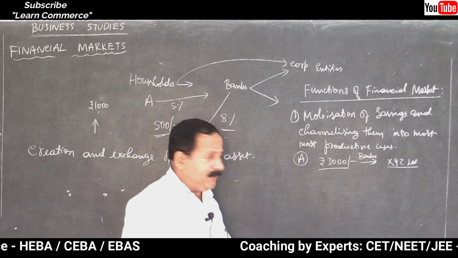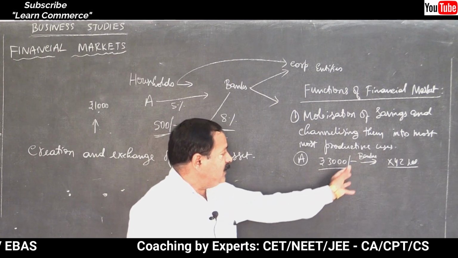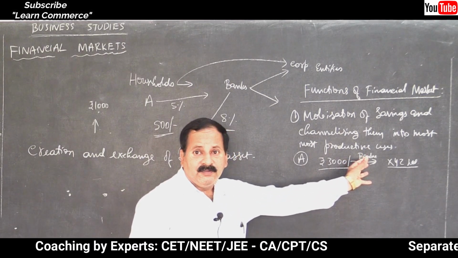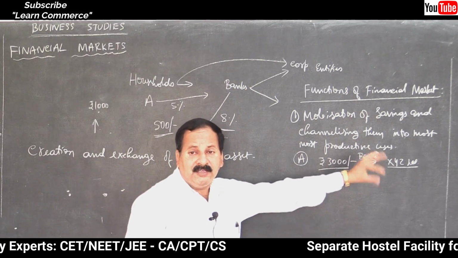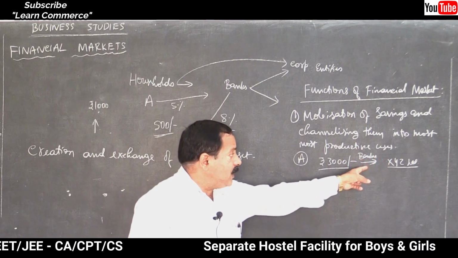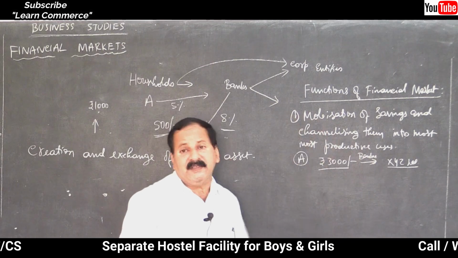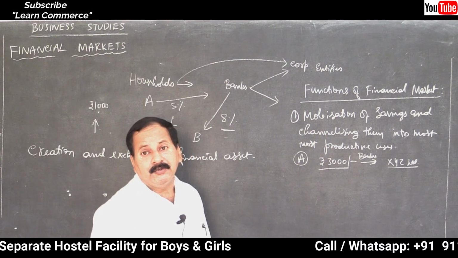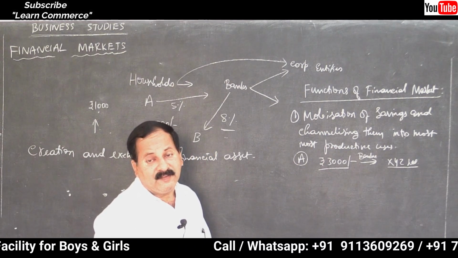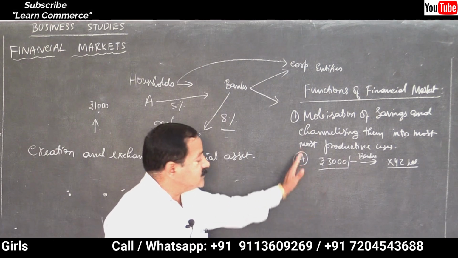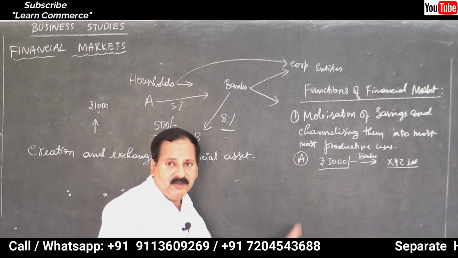Many people, they have saved money and they have channelized the money into bank. They have saved the money into bank, and banker has diverted that fund to XYZ Limited by providing crores of rupees. From where the banker got the money? From these, that is savers, individuals, isn't it?